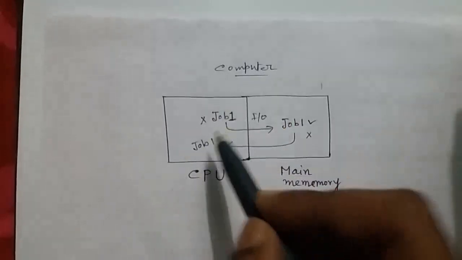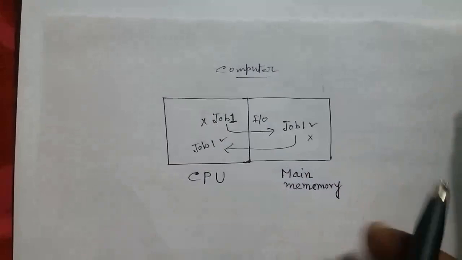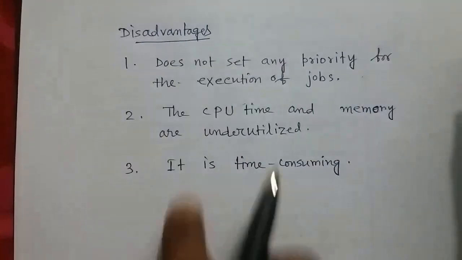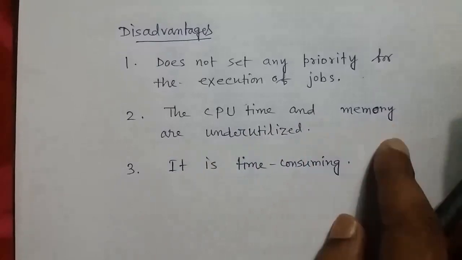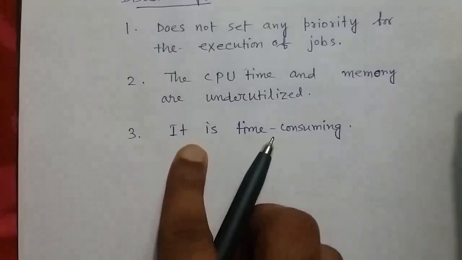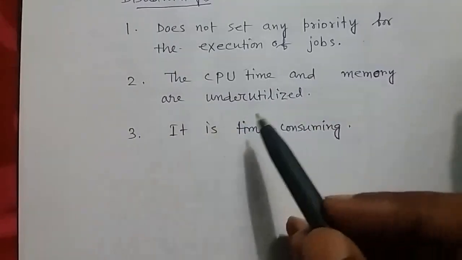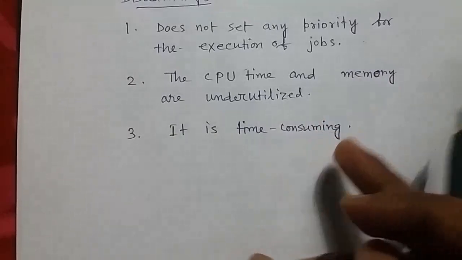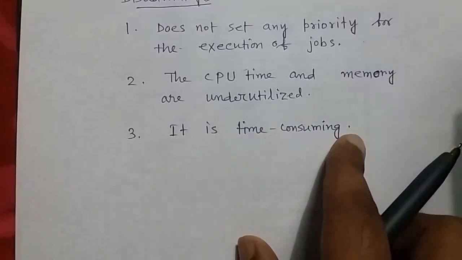So this is totally a waste of CPU time. That's why the CPU time and memory are underutilized in the batch processing system. And the last point is, it is time consuming. The batch processing system is time consuming, because you know that in the batch processing system only one job at a time will be executed.